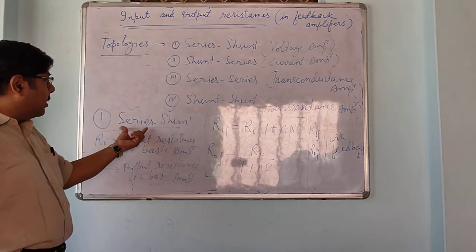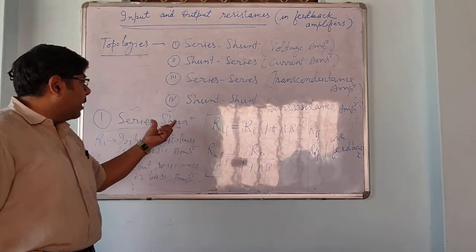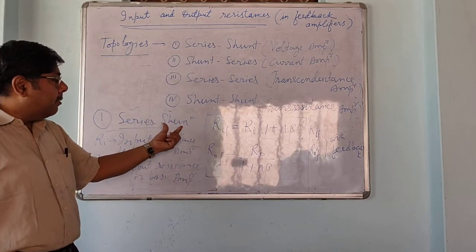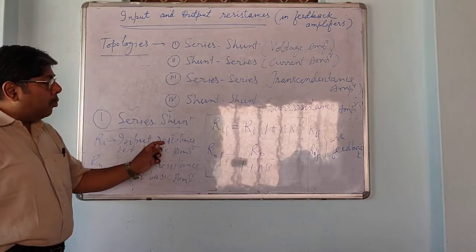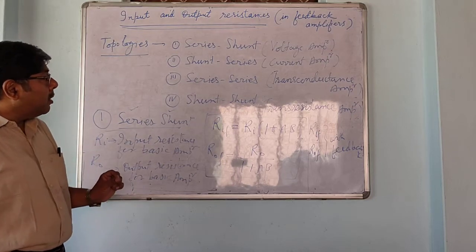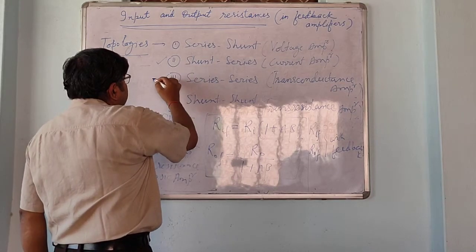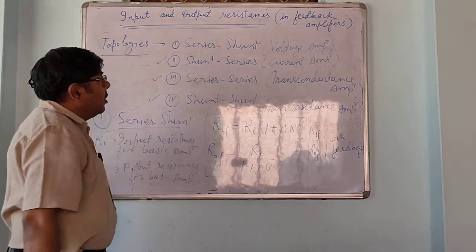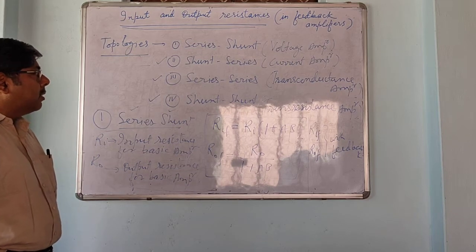So if connection is in series, then we have an increased resistance, and if connection is in shunt, then we have a decreased resistance. So in this way, we can control input and output resistances using topologies. Similarly, for second, third and fourth, we can obtain different input and output resistances.